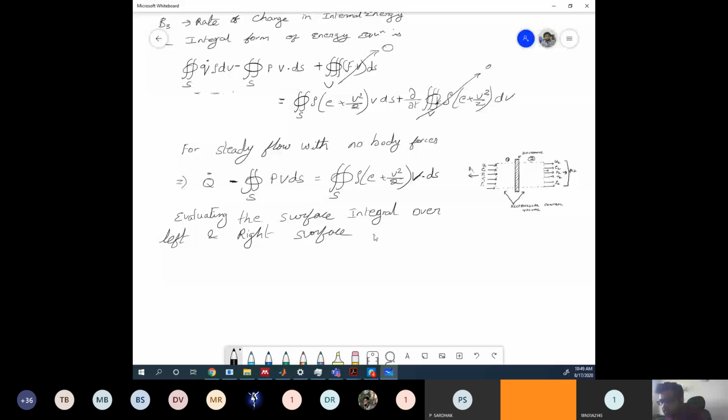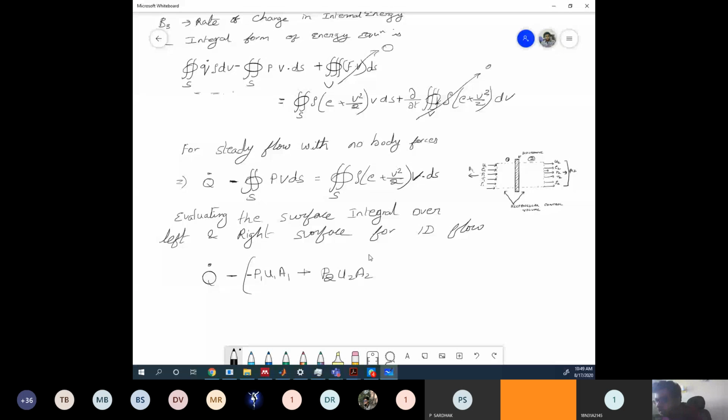For that, Q dot minus, so obviously here P1, U1, and A1. U1 and A1 are in the opposite direction, that is why you have to take minus there. Which will be added to P2, U2, and A2.